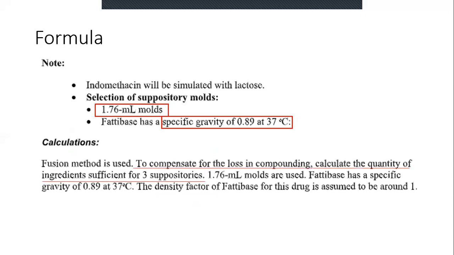Now, we see that even though we will be dispensing 2 suppositories, we will need to make 3 so as to compensate for any potential loss while we are making them. We also have another really important piece of information where it states the density factor of fatty base is assumed to be around 1. This is important and we will be coming back to that during our calculations later.